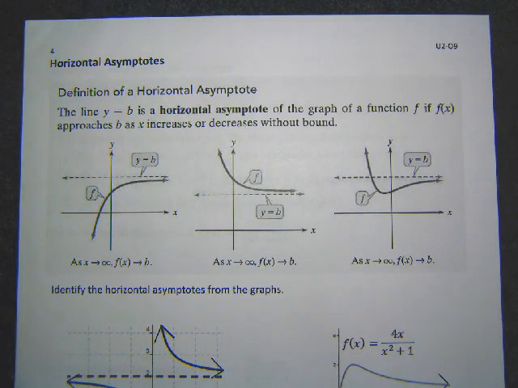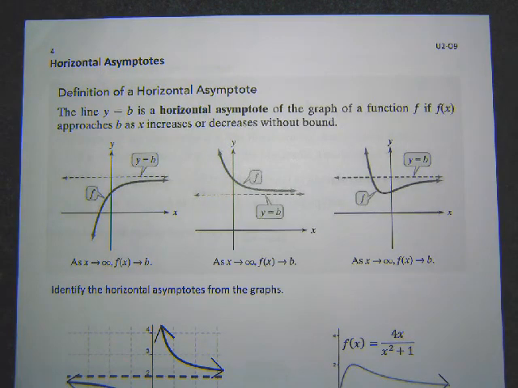Now, if you think back to our other equations, the things we've worked with so far, like quadratics and cubics and all that stuff, if you look at the ends of those, they actually end up shooting up to infinity or down to negative infinity. All those parabolas either opened upwards to infinity or downwards to negative infinity. The linear functions, usually the diagonal lines, will go up and down to infinity.